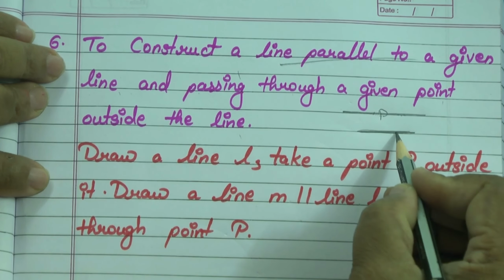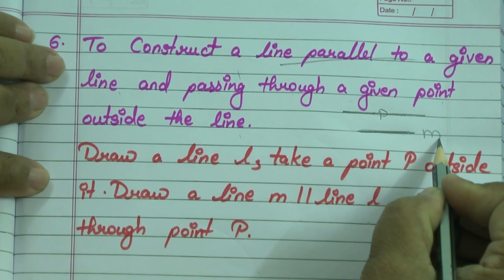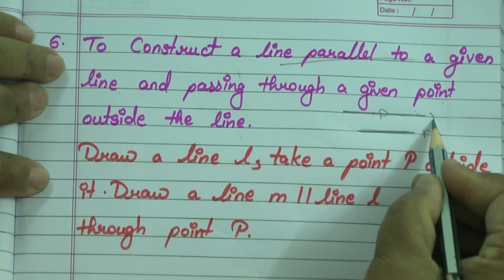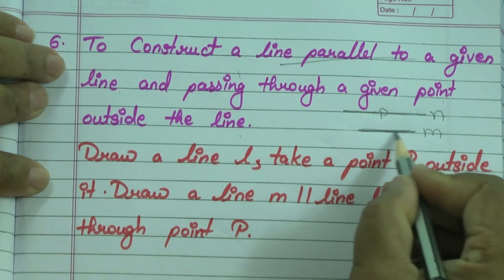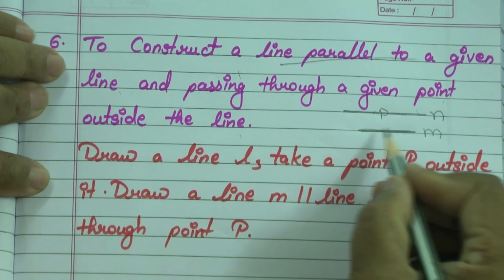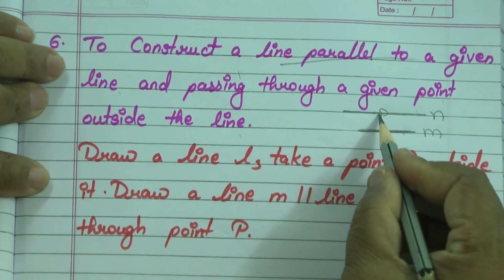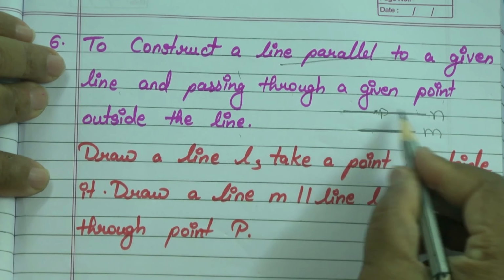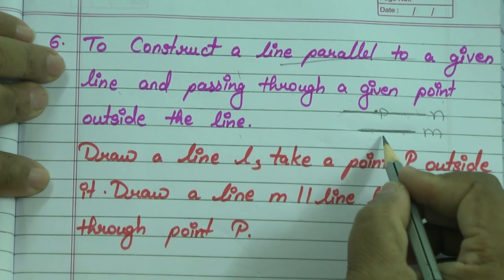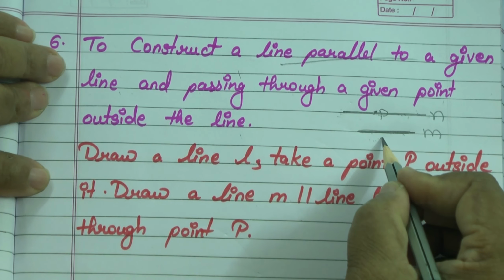This line will be parallel to this line. For example, this line is M and this line is N. Means M line is already given line, and to the given line, from the given point P, I need to draw a line which will be parallel to the line M.